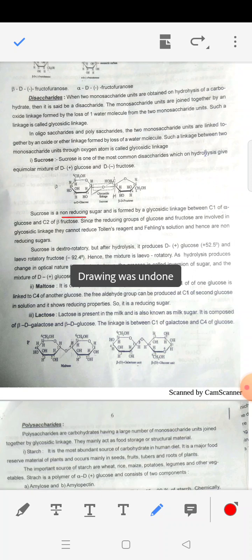Ultimately, fructose has more negative rotation than glucose has positive rotation, so finally the mixture becomes levorotatory. As hydrolysis changes the optical nature from dextro to levo, the process is called inversion of sugar, and the mixture of glucose and fructose is called invert sugar. So only this much you need to know about sucrose.